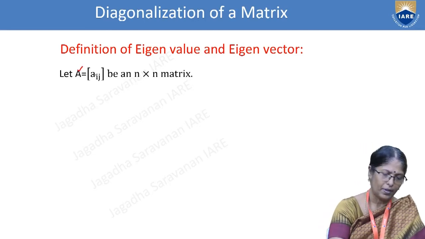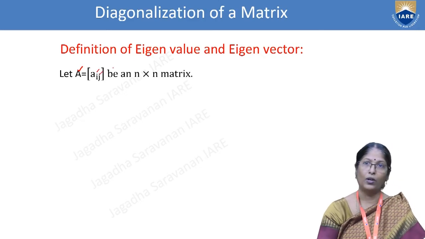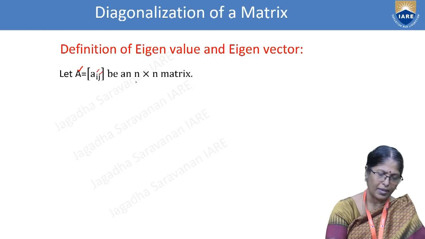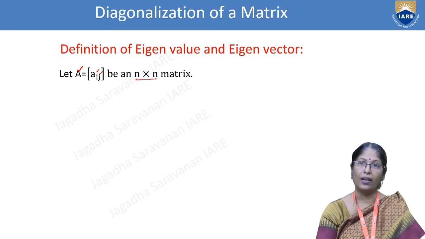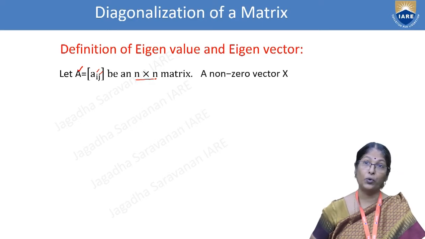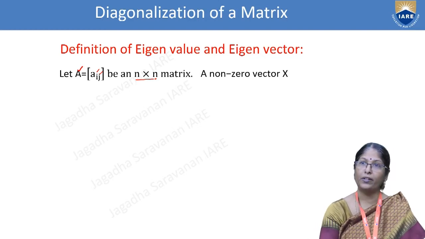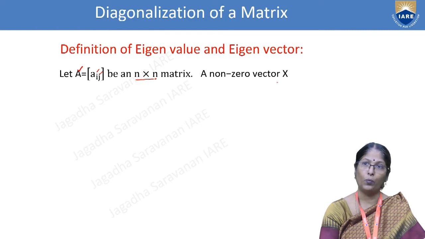Here I stands for row, J stands for column, and n by n is given, that is, the number of rows and number of columns are equal. That means the given matrix should be a square matrix. Then a non-zero vector capital X. This capital X should not be a zero vector. It should compulsorily be a non-zero vector.